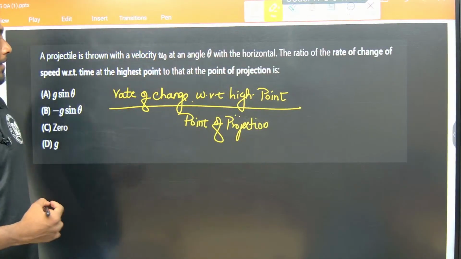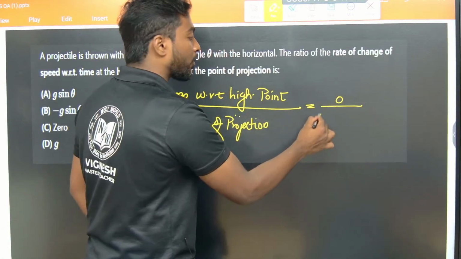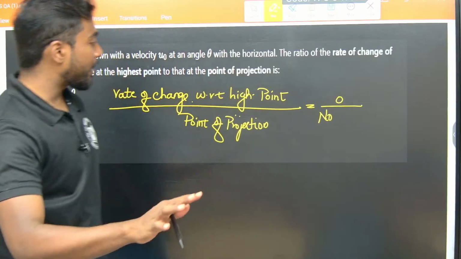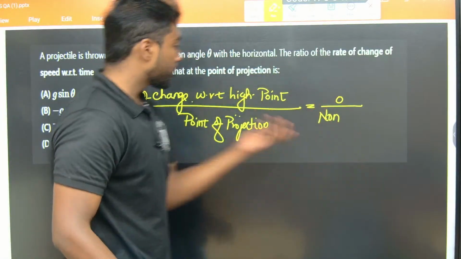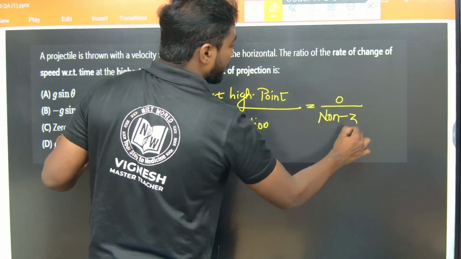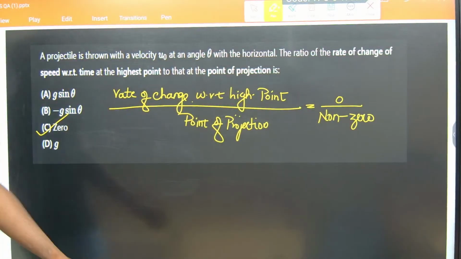At the highest point velocity is 0. At the lowest point it is a non-zero value only. No need to calculate as of now, it is a non-zero value. So obviously 0 by a non-zero value, I will get the answer as 0.